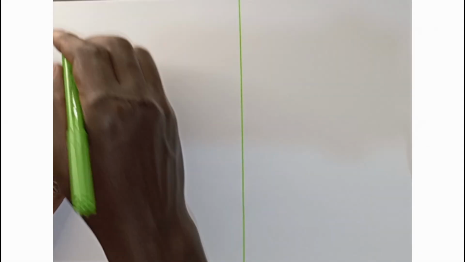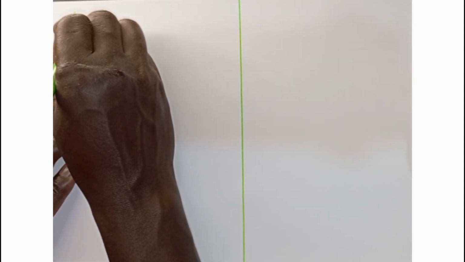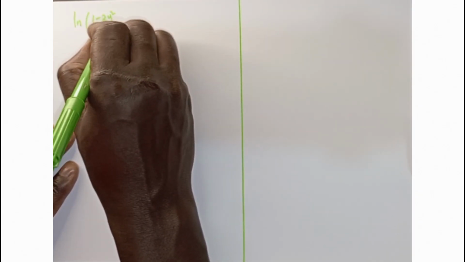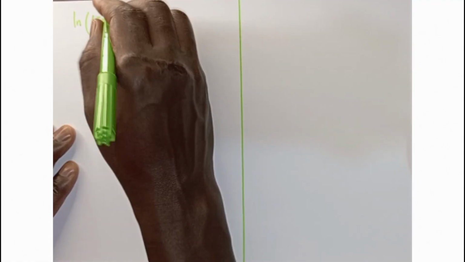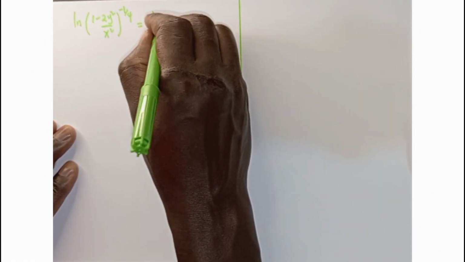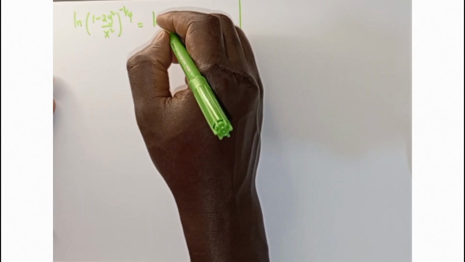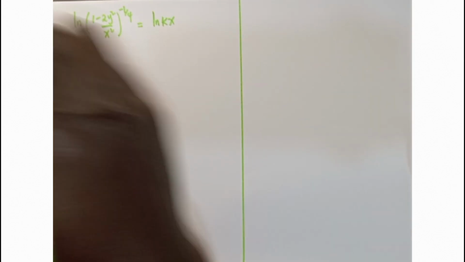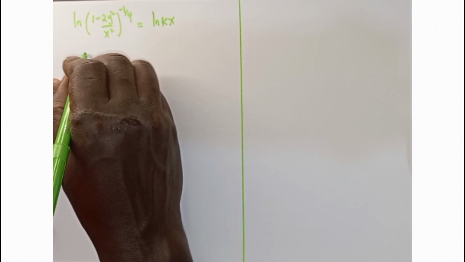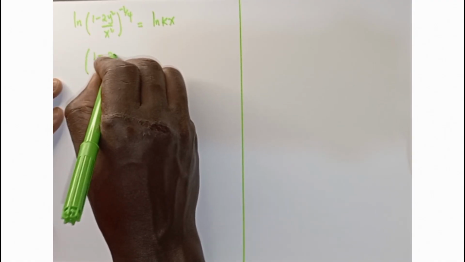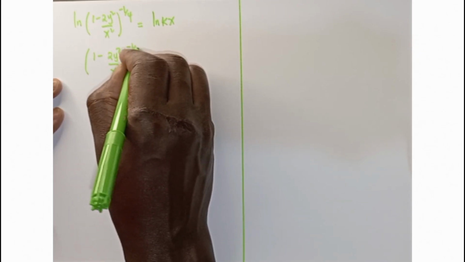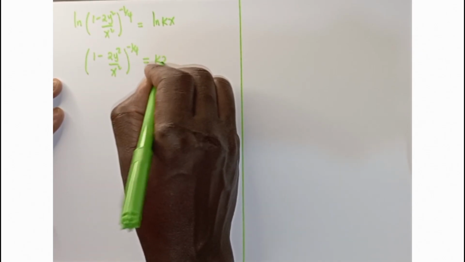So when we simplify that further, remember it is ln of 1 minus 2y squared out of x squared, power negative 1 out of 4, is equal to ln kx. Therefore, 1 minus 2y squared out of x squared, power negative 1 out of 4, is actually equal to kx.